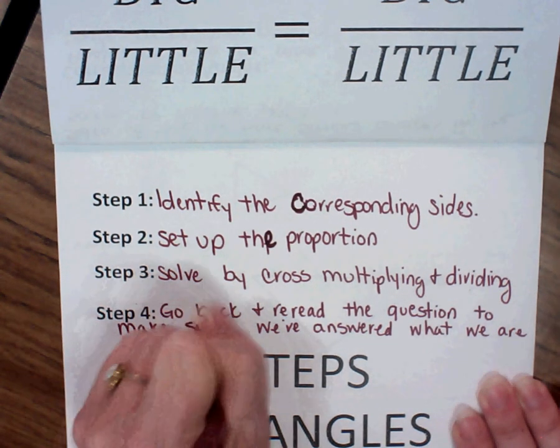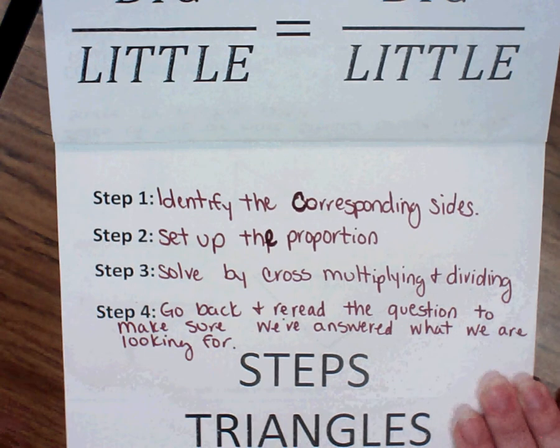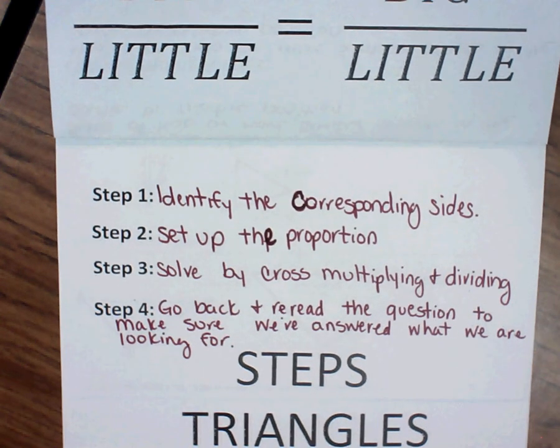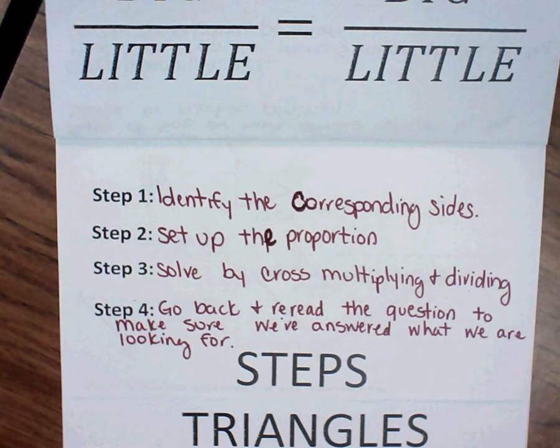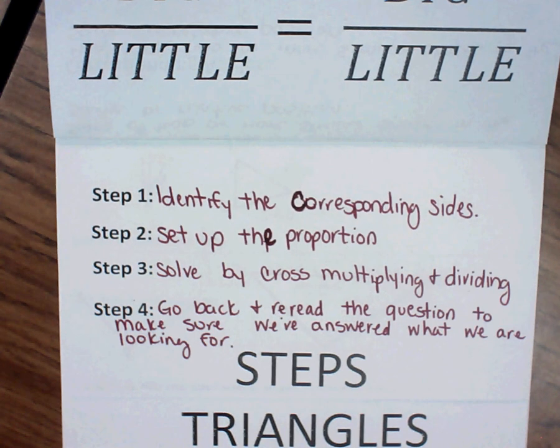Because sometimes we're not just looking for the missing side or the missing angle. Sometimes we're looking for the perimeter, or we're looking for different items. It's not always just looking for the missing side.